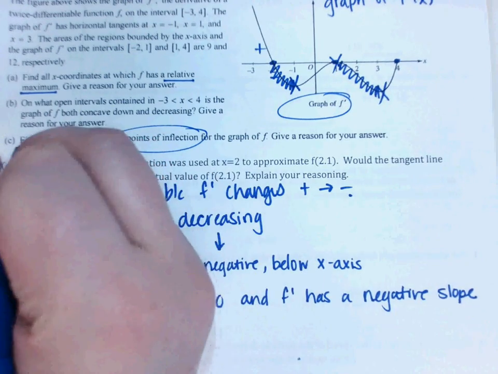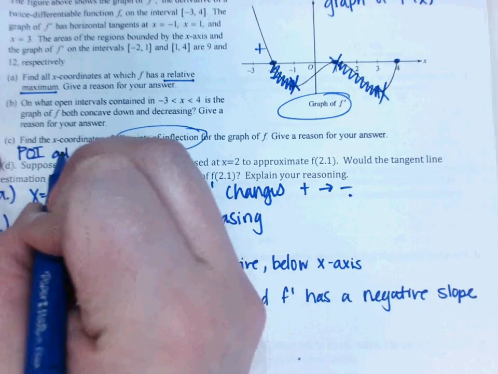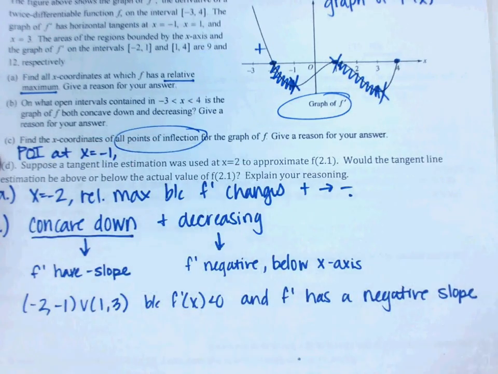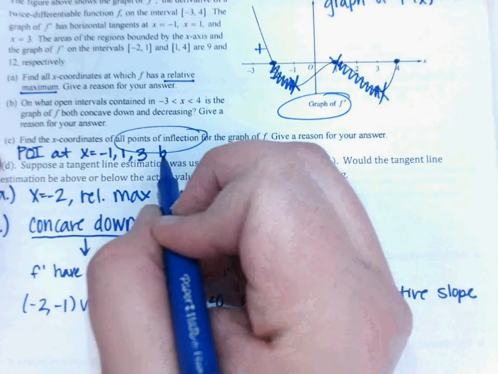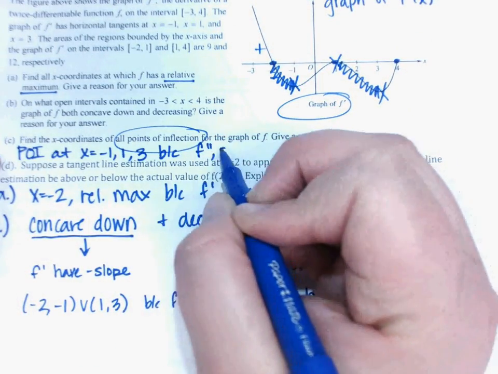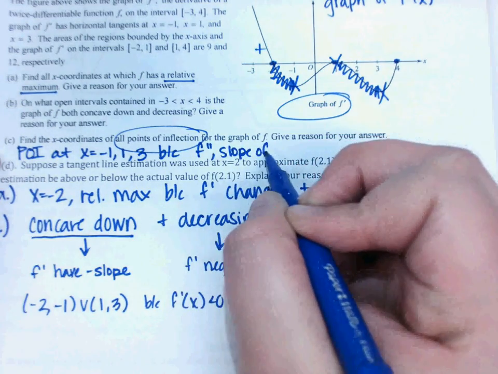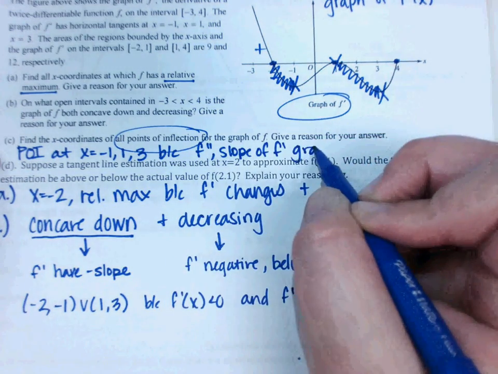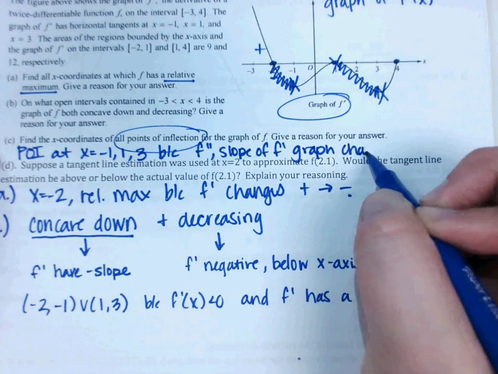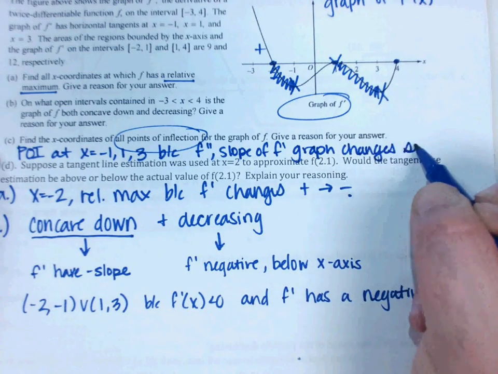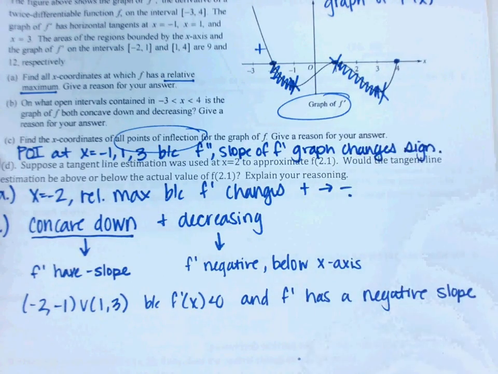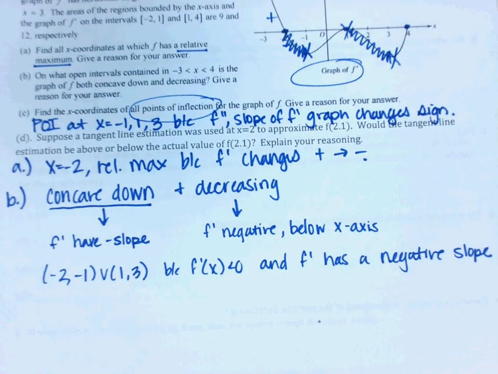Okay, I have points of inflection at x equals -1, 1, and 3 because f double prime, the slope of f prime graph, changes sign. Okay? Points of inflection at -1, 1, and 3 because that's where f double prime, which is the slope of this graph I'm looking at, changes sign.